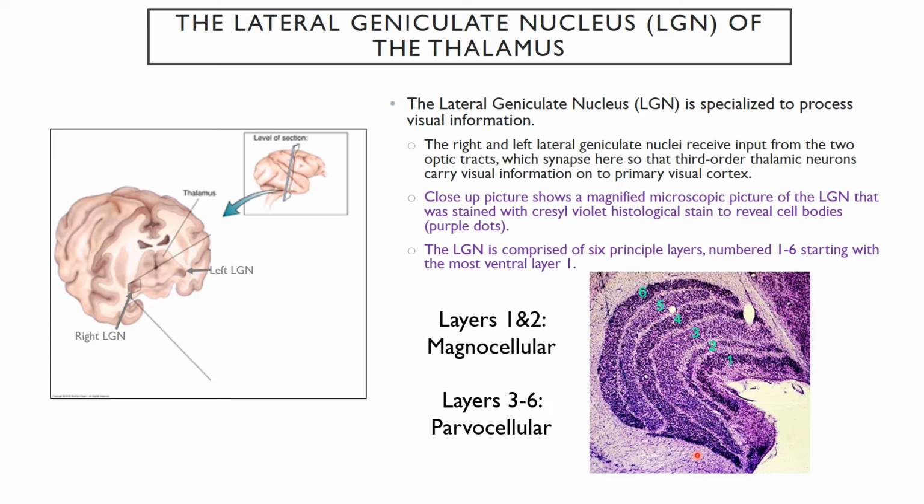So these different layers now get more and more complicated. Layers 1 and 2 comprise the magnocellular layers of the lateral geniculate nucleus, and layers 3 through 6 comprise the parvocellular layers of the lateral geniculate nucleus.